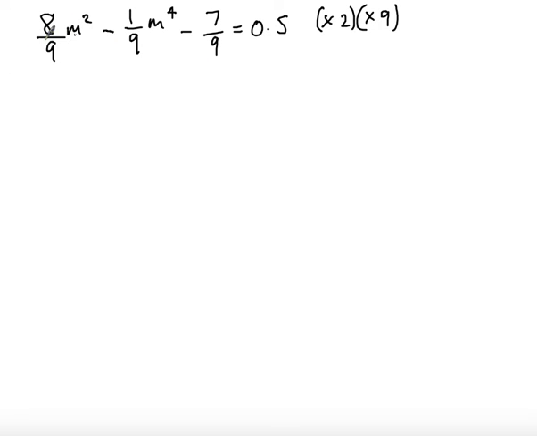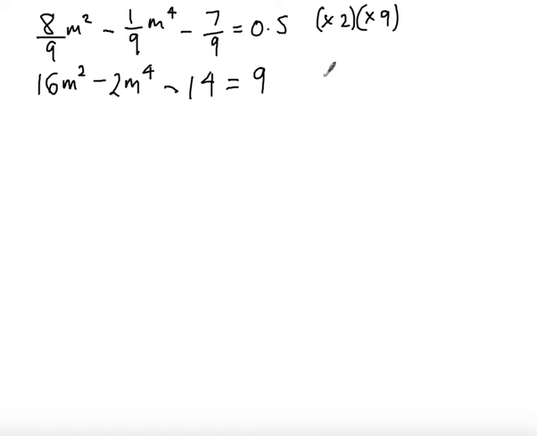Multiplying both sides by 2, I'm going to get 16m squared minus 2m to the power of 4 minus 14 is equal to 9. We get 2 times 0.5 is 1, times 9 is 9.